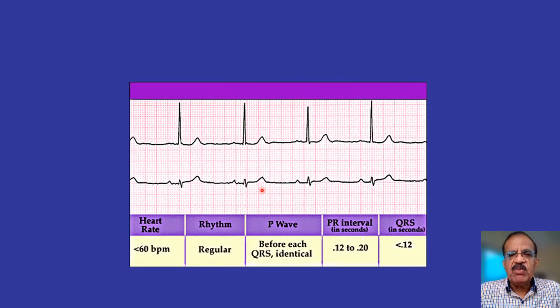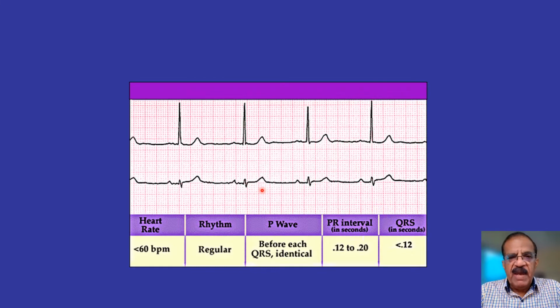Why these leads? Because for rhythm analysis, we need to see both P wave and QRS. In some leads, P wave may not be visible or not visible clearly because of the location of these leads and the location of SA node.